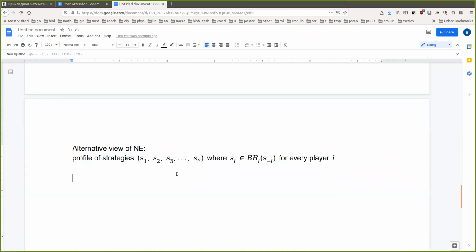Obviously, we will not violate the laws of probability theory, but we allow players to randomize their choices.